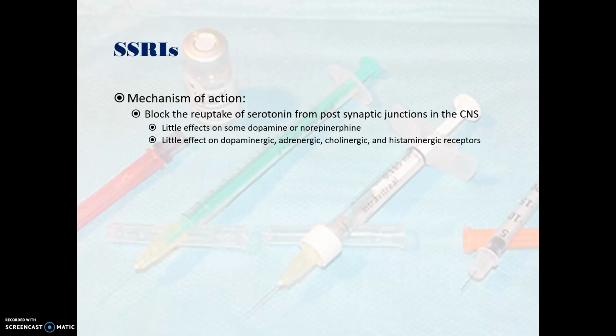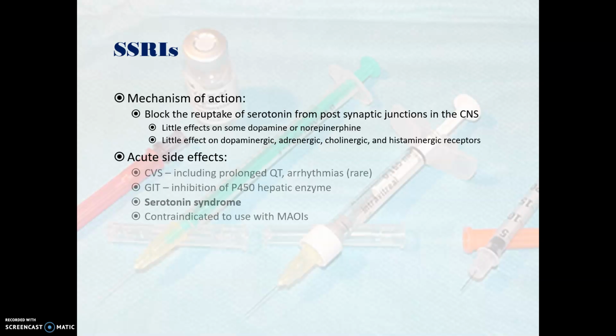If you go back to the talk on antipsychotics, you realize that a lot of the side effects of the antipsychotics have to do particularly with their anticholinergic effects, but also to some extent their dopaminergic effects. These drugs tend not to have such a bad side effect profile.